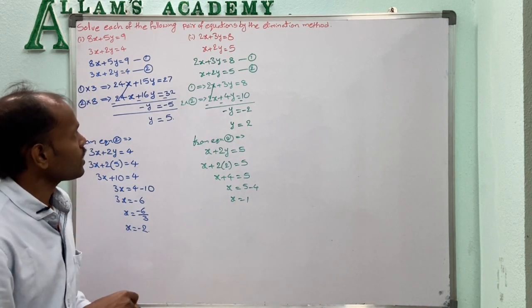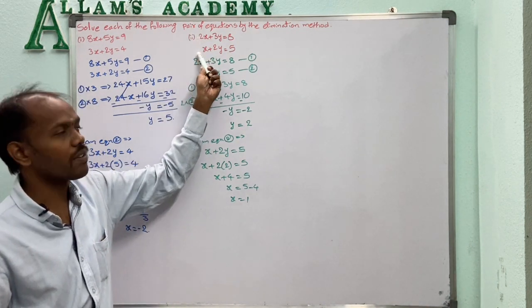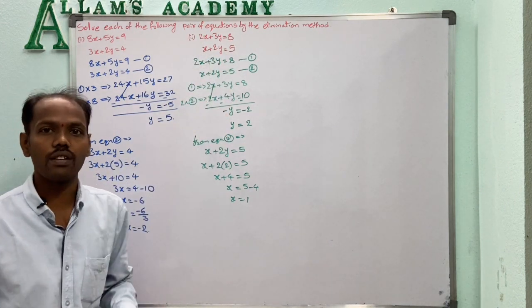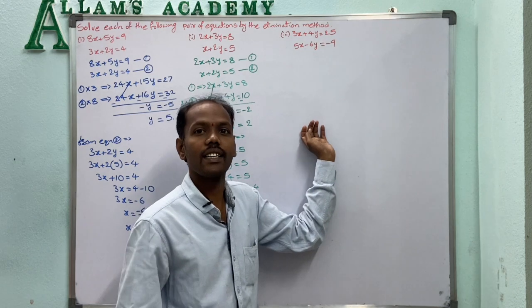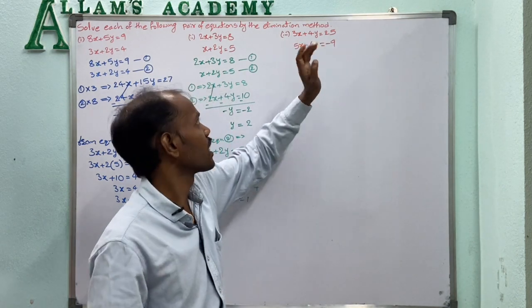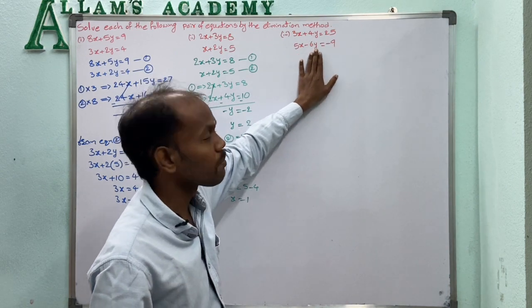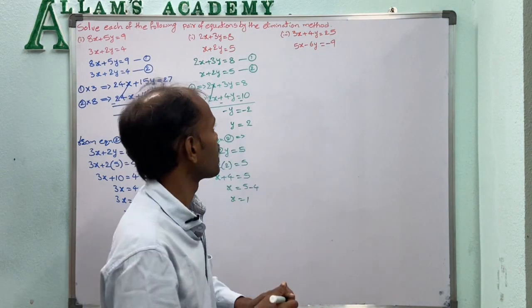That was for the pair of linear equations 2x plus 3y equal to 8 and x plus 2y equal to 5. And here is another pair of linear equations, 3x plus 4y equal to 25, 5x minus 6y equal to minus 9.